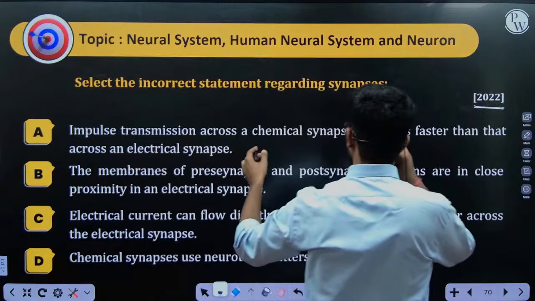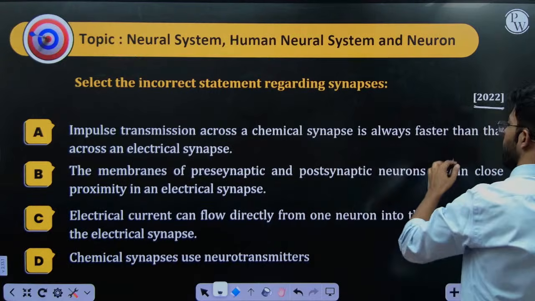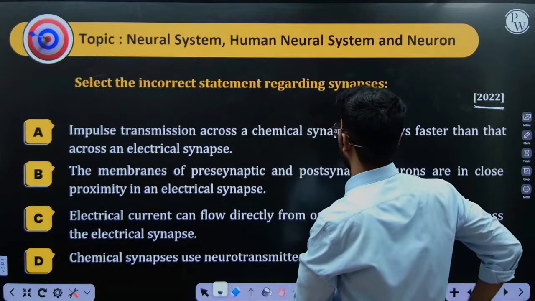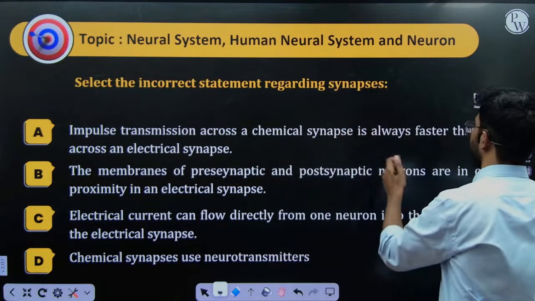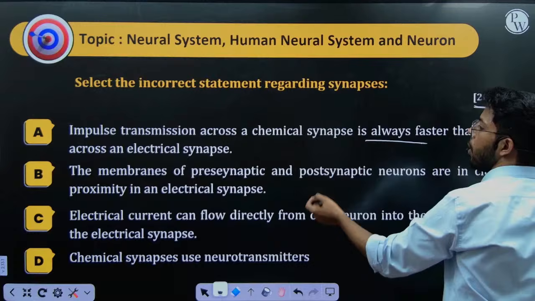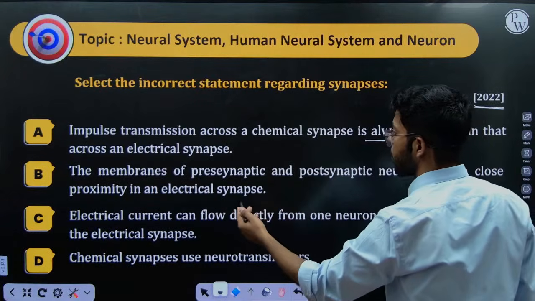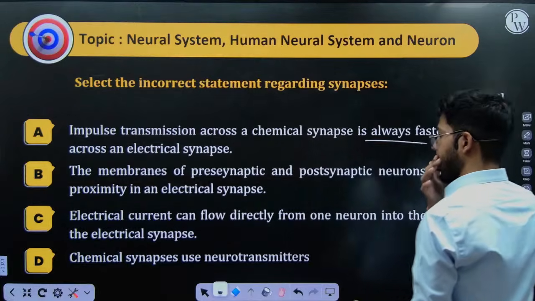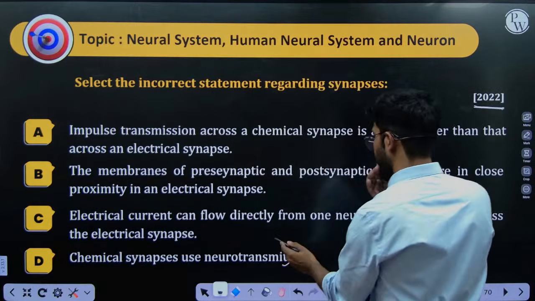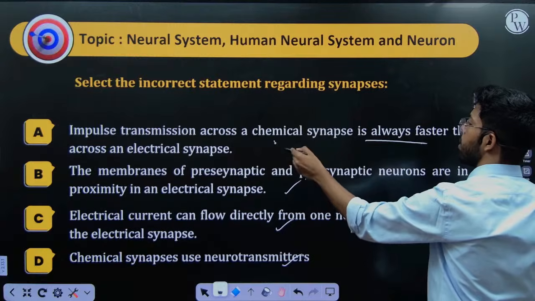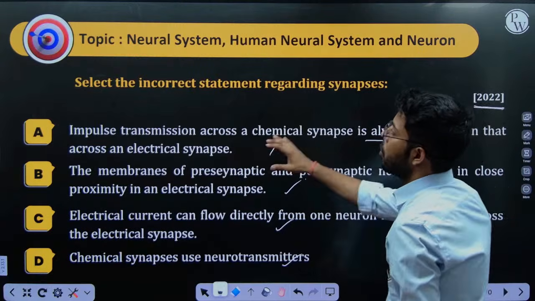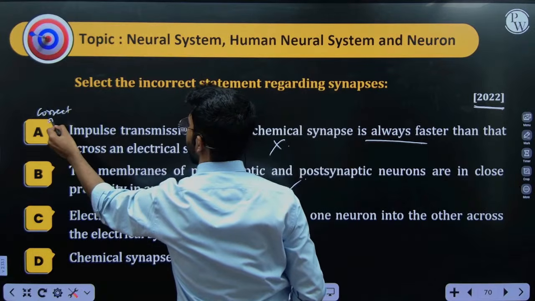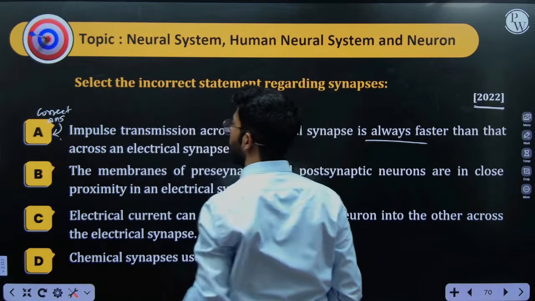Impulse transmission across a chemical synapse is always faster than that across an electrical synapse. Always faster. This is the right statement in the other options, but this is the incorrect statement. So the correct answer is option A.